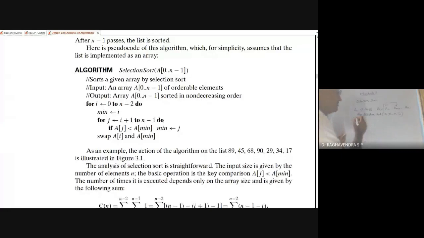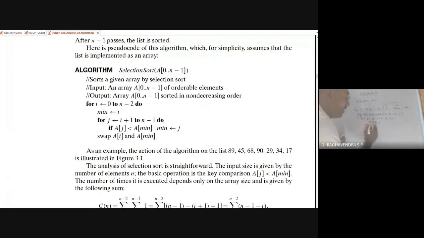The logic is very simple. For i equals 0 to n minus 2 do. So this is the for loop. Then we have min equals i. Whatever the minimum element is will be stored in another variable called min.